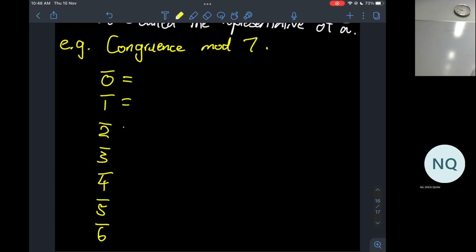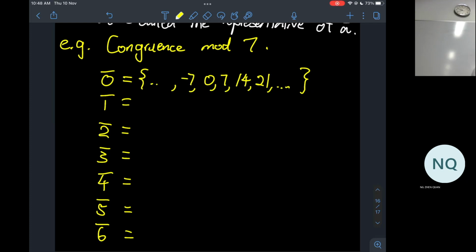Since I said that the equivalence classes are sets, what is in the equivalence class of 0? There are 0, 7, 14, 21, then -7. How about 1? You get 1, 8, 15, 22, and then -6.